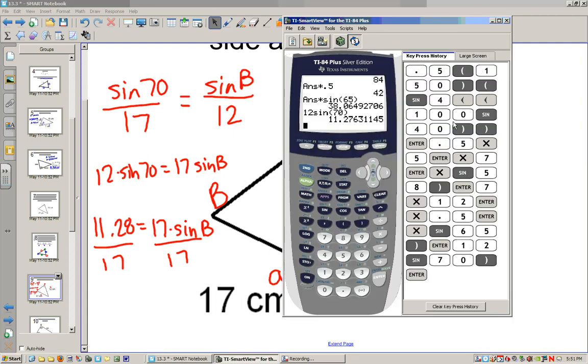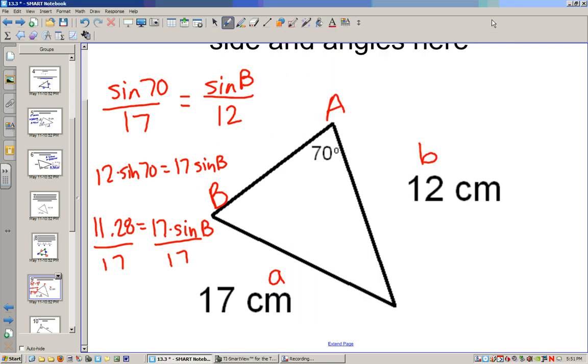So 11.28, I'm going to leave it unrounded, divided by 17, and we get 0.6633. So back here, 0.6633 equals the sine of B.